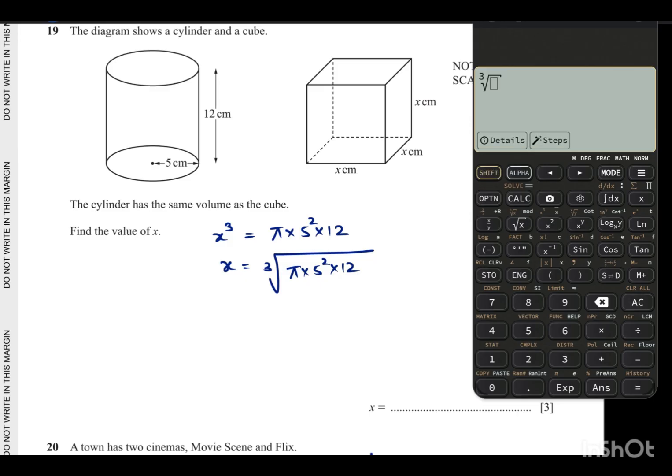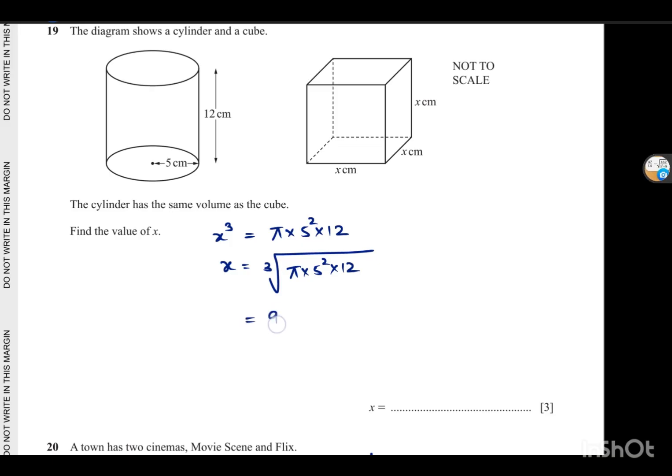Shift key, square root button, cube root of, again shift key, pi into 5 squared into 12. So the answer is 9.8044. So it is 9.804 centimeters. You can write it as 9.8 also. 9.8.